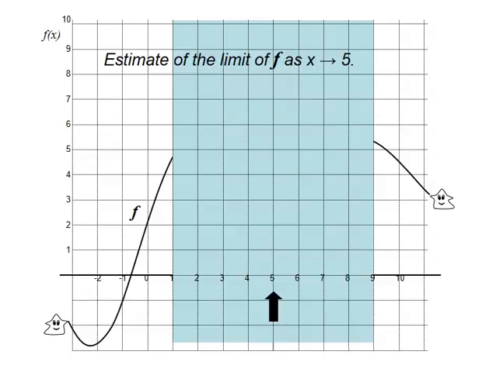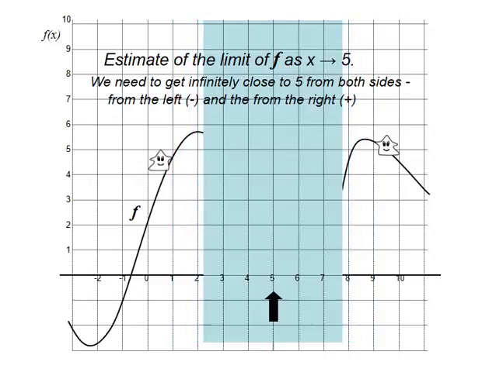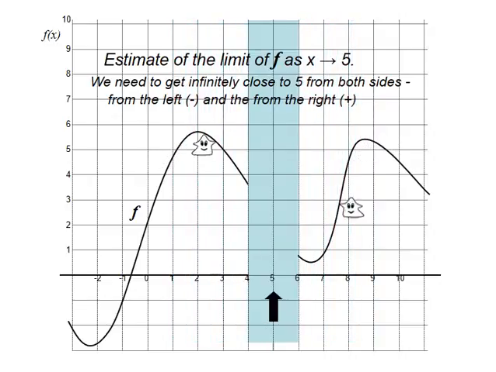Estimate the limit of f as x approaches 5. We need to get infinitely close to 5 from both sides, from the left and from the right. Closer. Even closer.